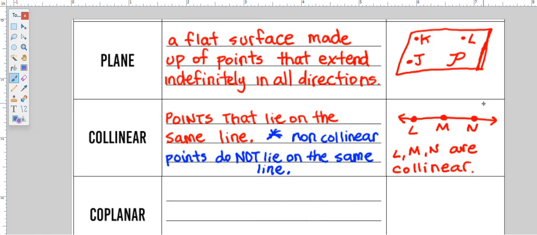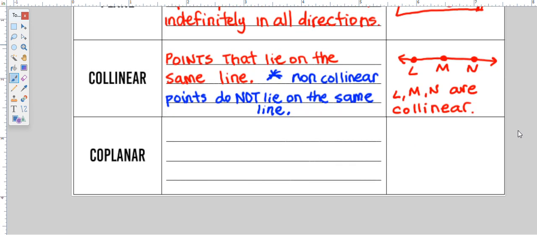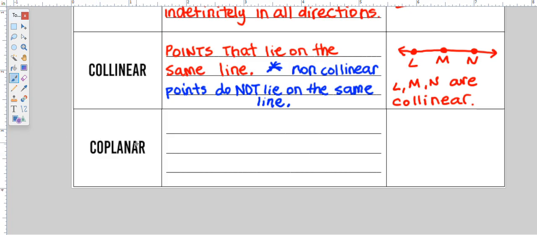All right. So if it's collinear, that means it is a point that is on the same line. Remember, co is like together, they share, and then linear is a line. So naturally, coplanar means they share a plane, okay?